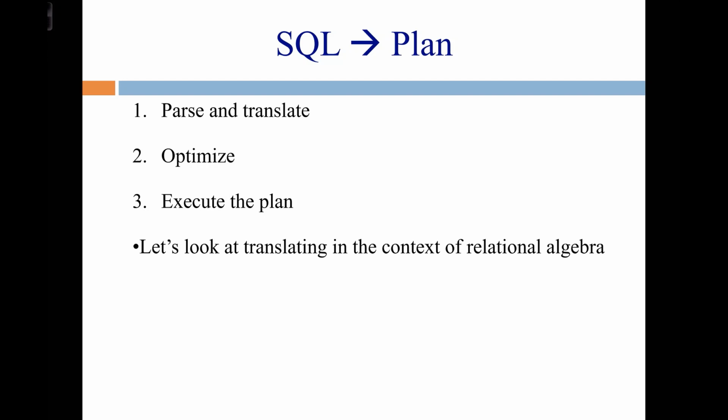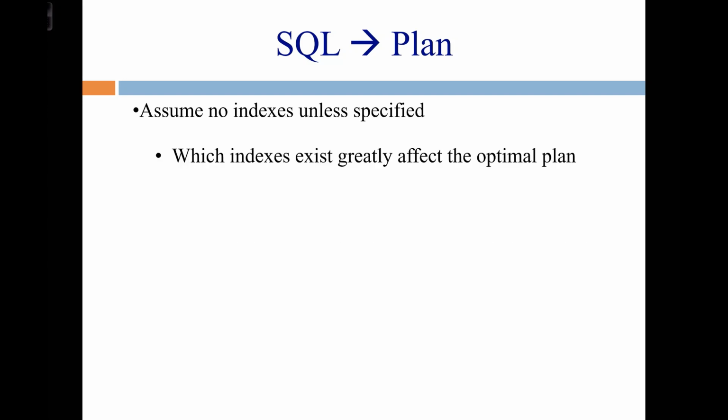It'll be abstract and not necessarily exactly what's going on in a DBMS, but just to give us some basic idea. For now, assume that there are no indexes in these examples unless specified, because which indexes exist greatly affects the optimal plan that the system will pick. We'll see after we add an index here or there how the best plan will change.